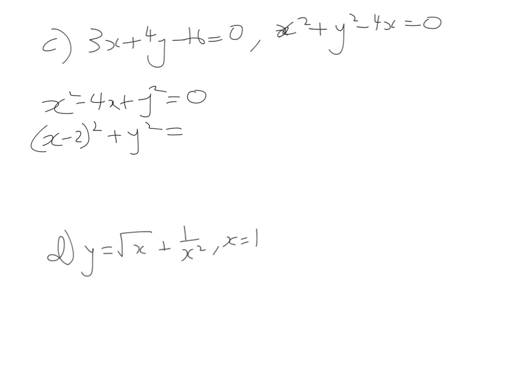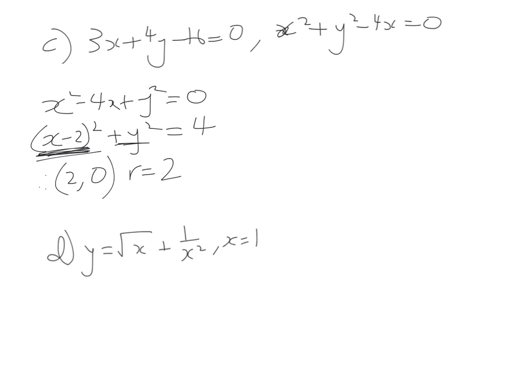Now when you expand this, you'll get positive 4. So if you got a positive 4 this side, you actually need a positive 4 that side to balance it out. So therefore, you'll see that the centre is 2, 0, 2 with the x and 0 for the y, and the radius will be square root of 4, which is 2.